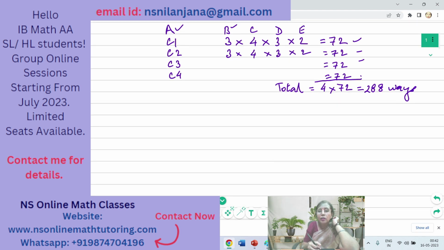Therefore, now Amber is placed in middle 1 pen. Brownie is having 2 options, Curly, Daisy, and Eden. Curly is having 4 options because 2 have been already occupied by Amber and Brownie. 4, Daisy is having 3 options, and Eden is having 2 options.